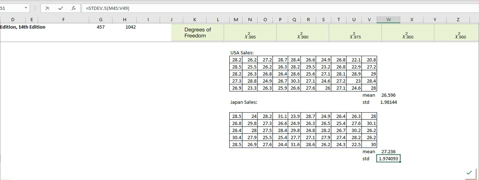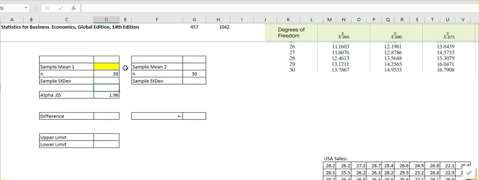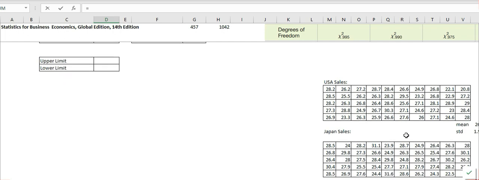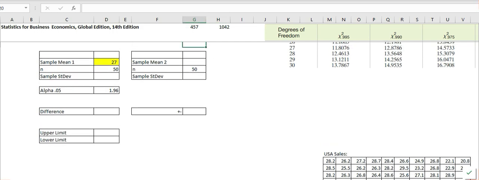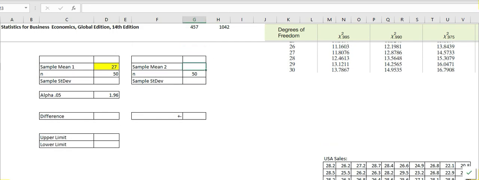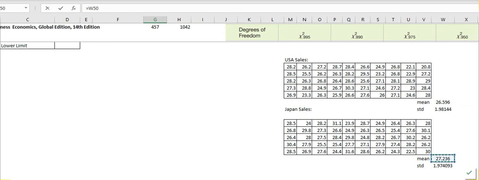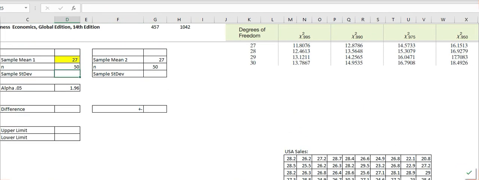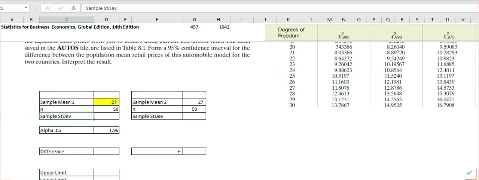So this is the sample mean, and this is the sample standard deviation, 27.57.